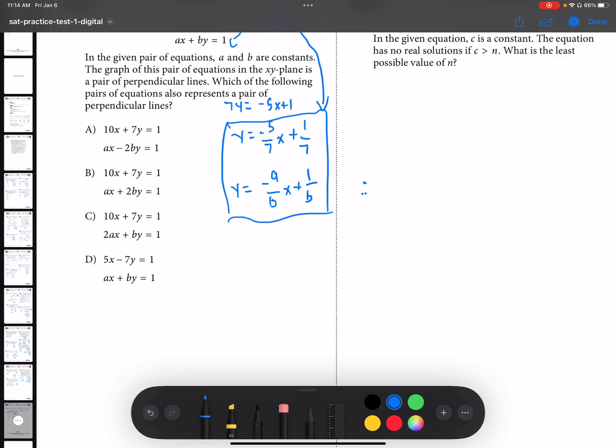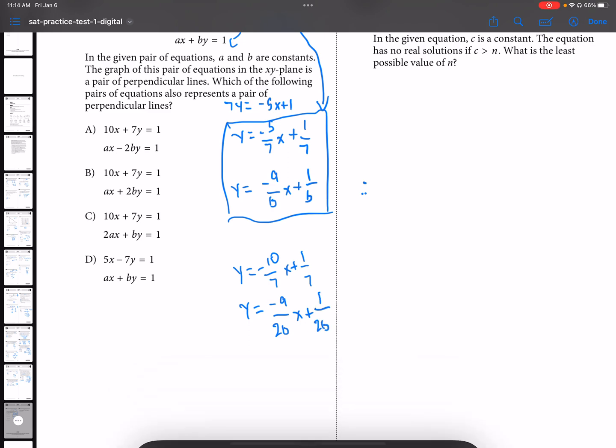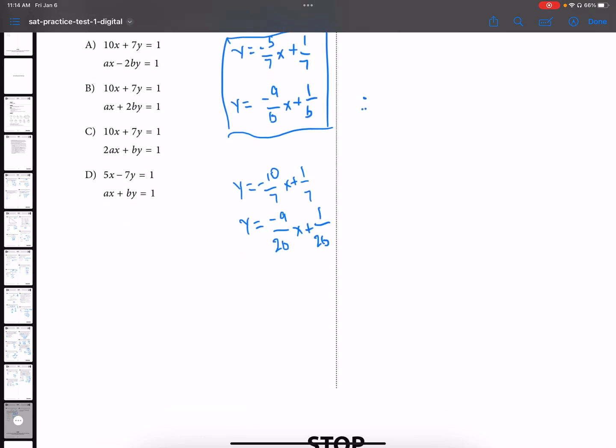For the first, we're going to get y is equal to negative 10/7 x plus 1/7, because of the negative reciprocal. And for the next equation, we're going to get y is equal to minus a over 2b x plus 1 over 2b. Now that is our equation in slope-intercept form.